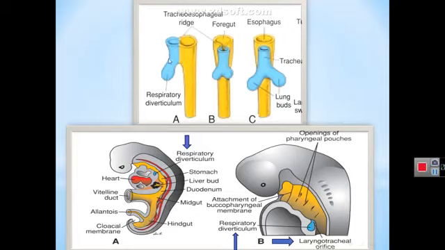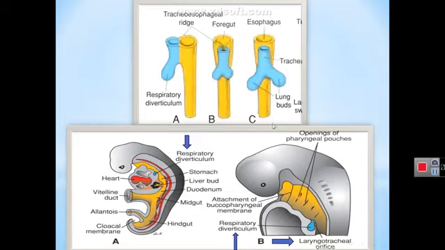When the lung bud expands caudally, the two tracheoesophageal ridges fuse to form the tracheoesophageal septum, separating the lung bud from the foregut. The foregut is divided into a dorsal portion, the esophagus, and a ventral portion, the trachea and the lung buds.